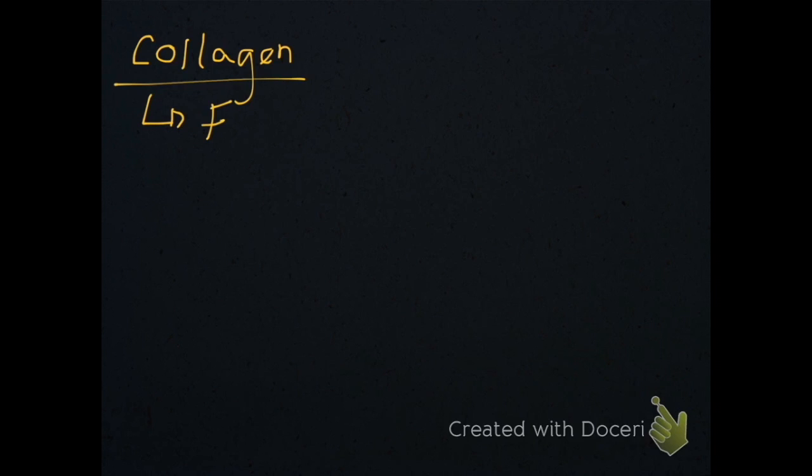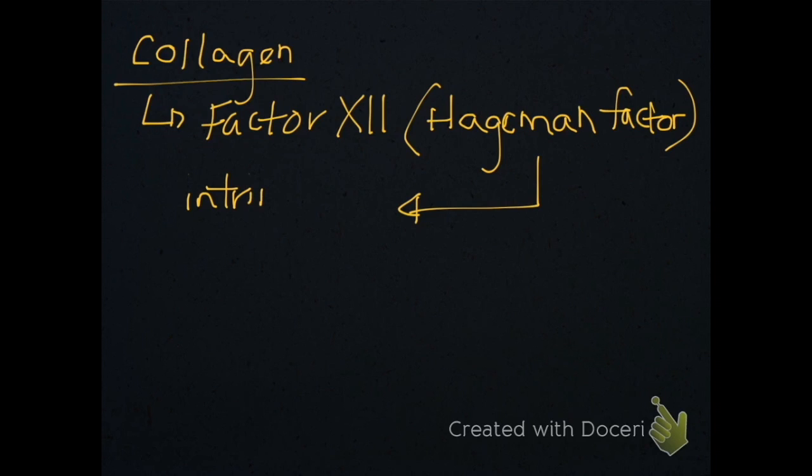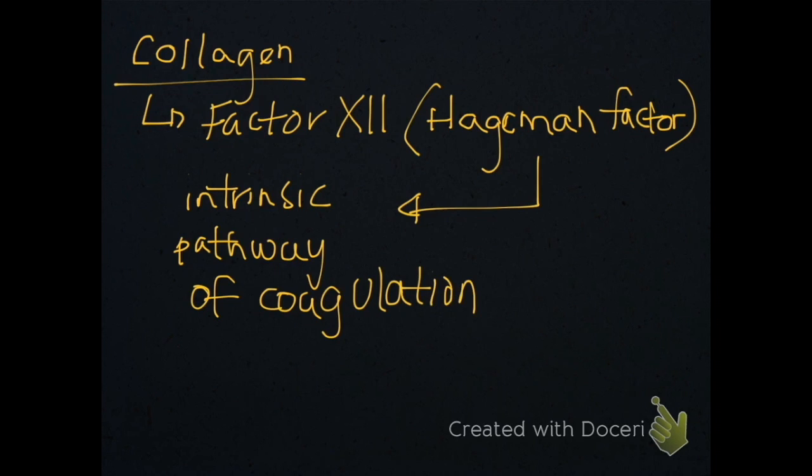One of its roles is binding to another factor and sort of activating it, and that is factor 12, which is also known as the Hageman factor. And this factor is involved in initiating the intrinsic pathway of coagulation. Now, coagulation comes in two different pathways. There is the intrinsic pathway, and there is the extrinsic pathway, which is facilitated by factor 7 and tissue factor.